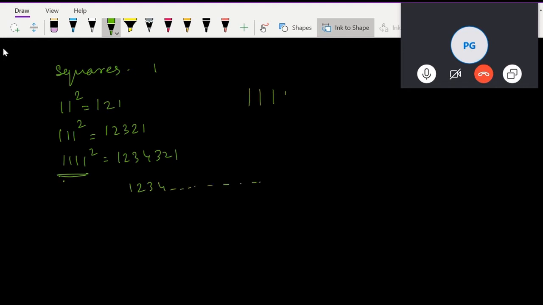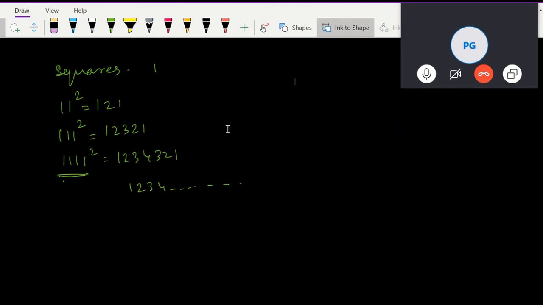So if it is 1111111 square, it would be 1, 2, 3, 4, 5, 6, 7, because there are 7 ones, and then count down 6, 5, 4, 3, 2, 1. Clear? Yes, sir.